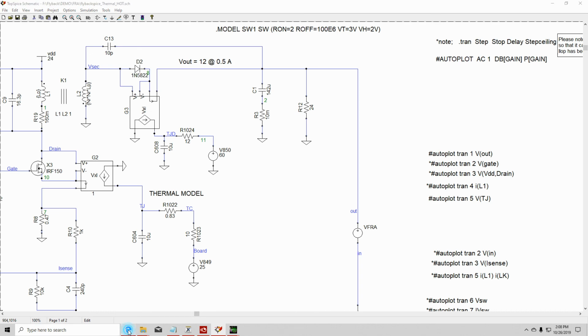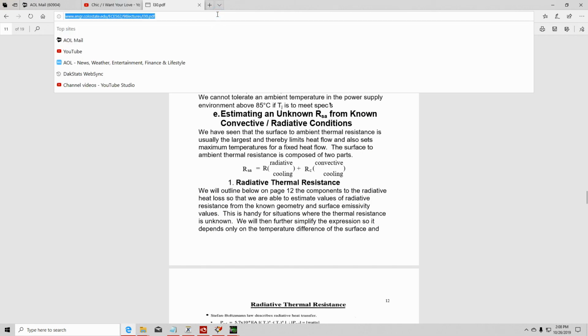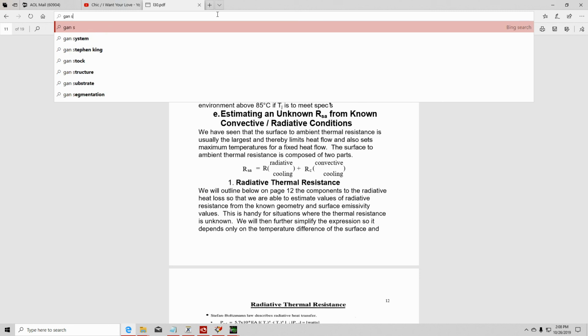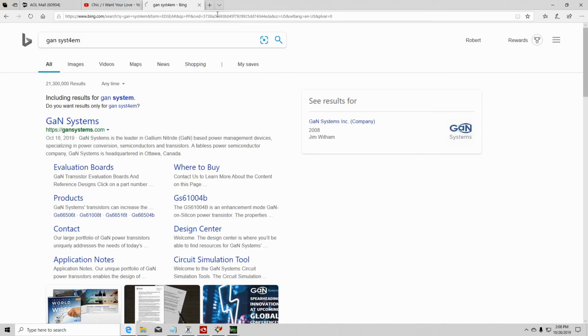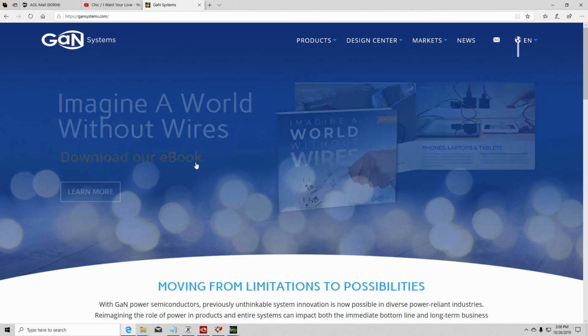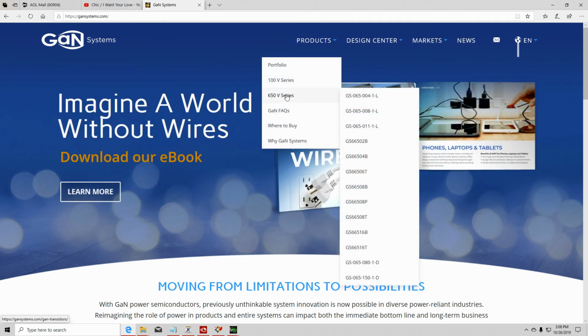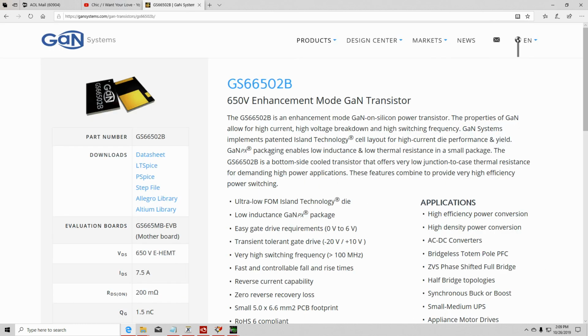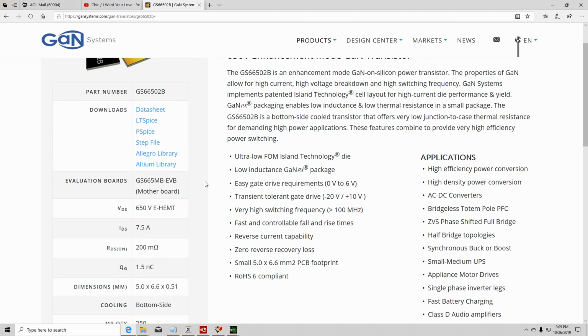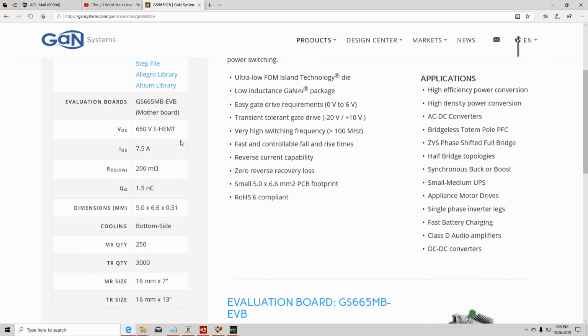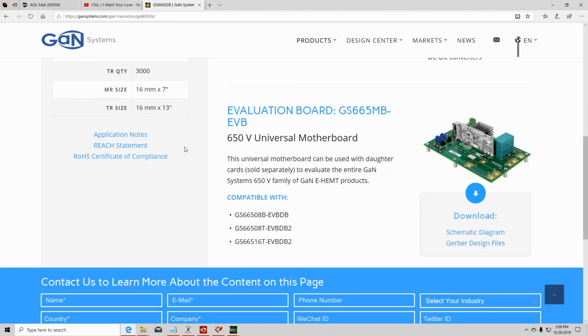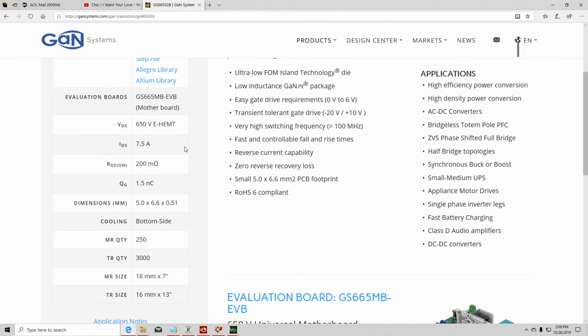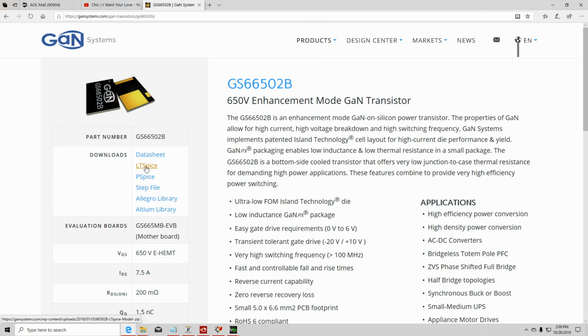Okay, last thing, I want to go to GaN Systems. This is some of the devices that I'm using. Excuse me, I'm using this particular one. And let's see. I believe I saw. Let's take a look at this.